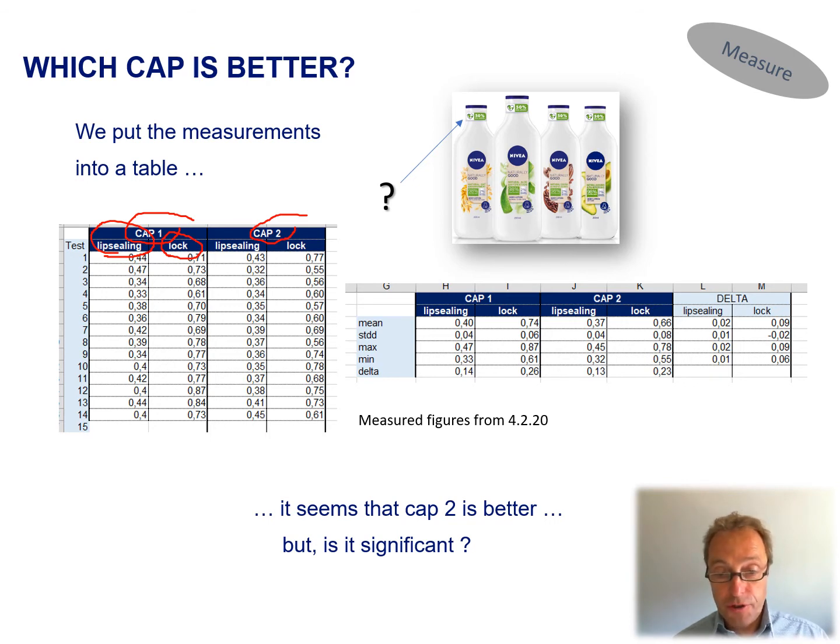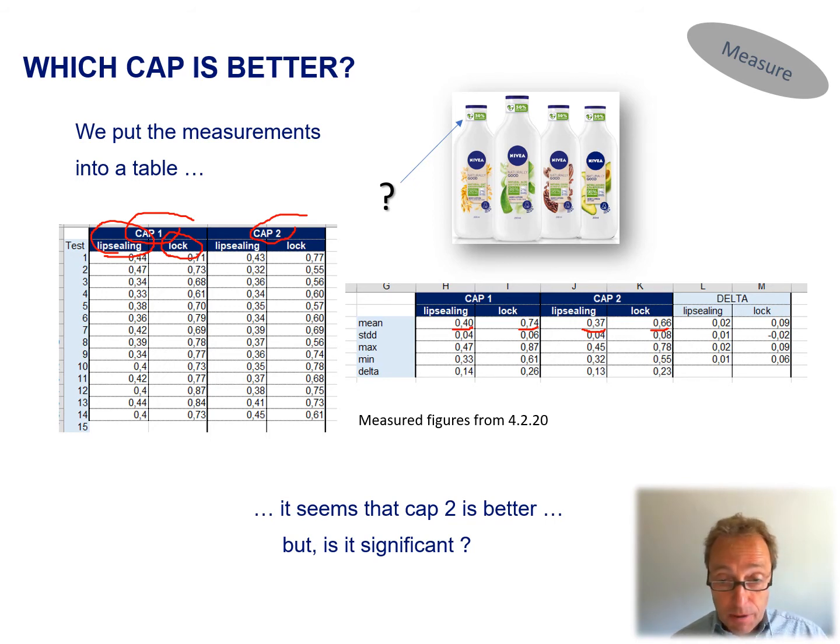So at first we go to the mean. Here we see that, for example, the mean of the torque is slightly less for cap 2 than for cap 1. This is valid for both. This goes in the right direction, but whether it's relevant, at the moment we don't know.